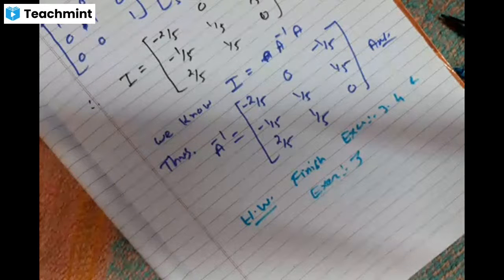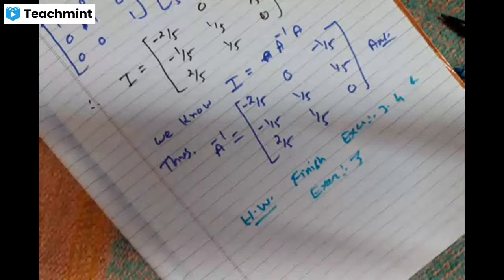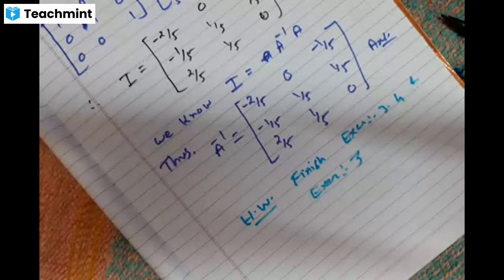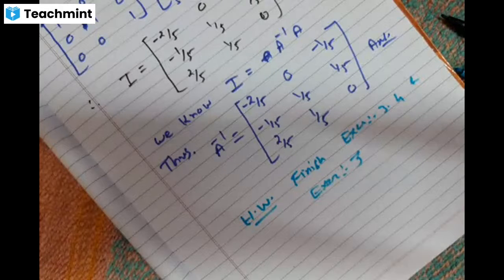Now I'm telling you, if you open your textbook and see exercise 3, there are a few sums. Especially, let me tell you, first sum, second sum, third, three sums: 1, 2, and 3. Don't do it right now.